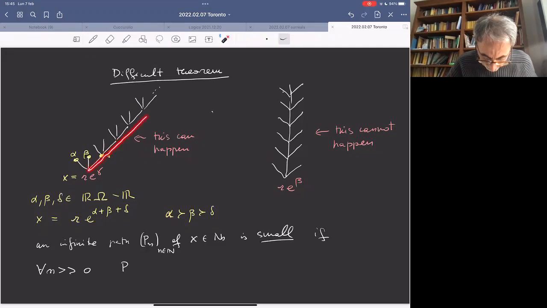So this guy here is small, but this one is not small because you can take a smaller bifurcation, you know.